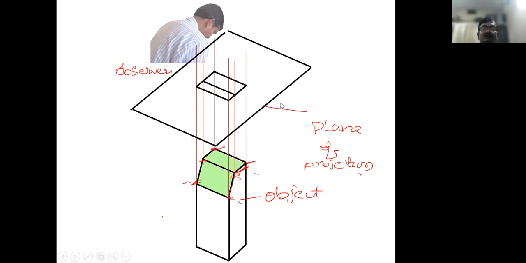So on the plane of projection, this is another view. In total we draw 3 views, that is multi views.